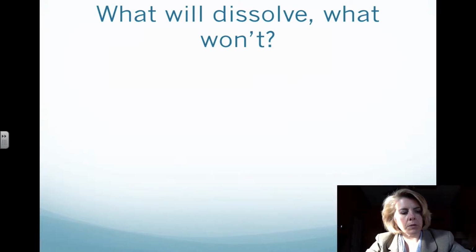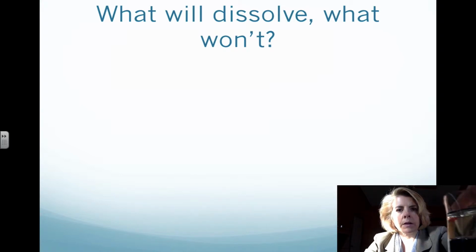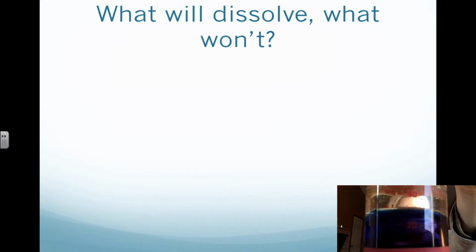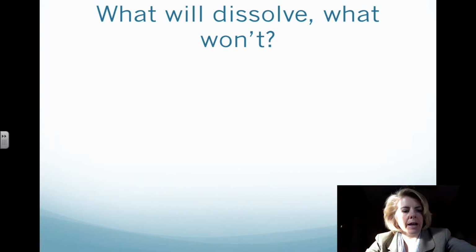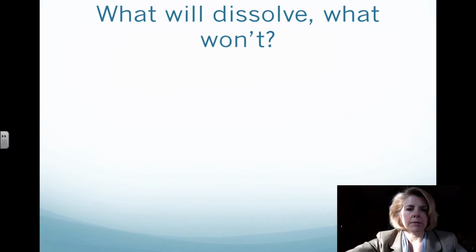And I'm just going to stir it real quick here. So I don't know if you've noticed here that the oil, which is on top, has no blue color in it, but the water on the bottom, which has a blue tinge to it because of the food dye, it actually dissolved, or it was attracted to the color.